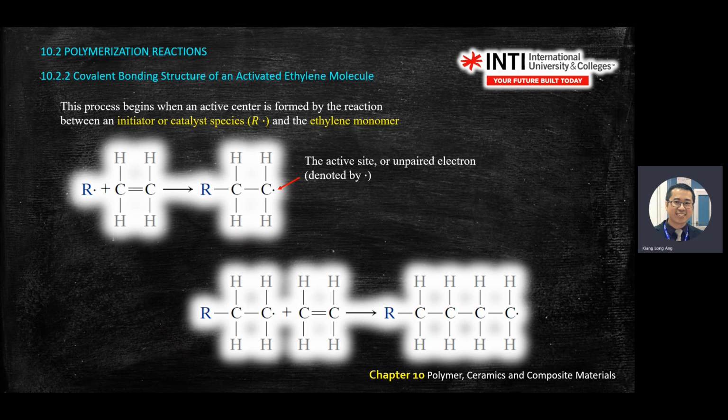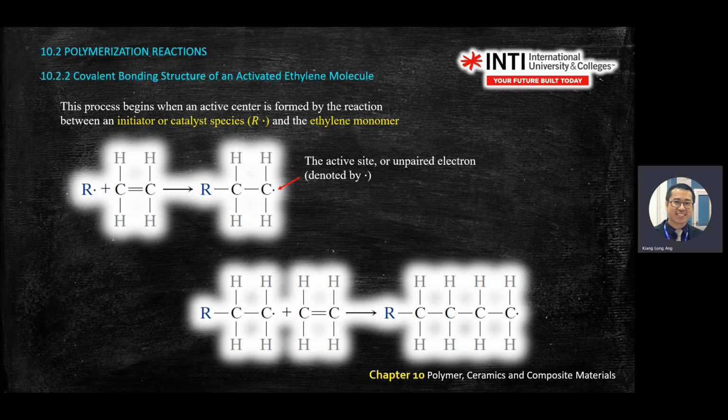So once you add radical or initiator, you're going to steal one electron from the carbon. So it will break down the double bond. It becomes single bond, but the other side of carbon has a free electron. This whole object is going to capture another hydrocarbon. In this case, we're going to capture the ethylene structure that's stable.